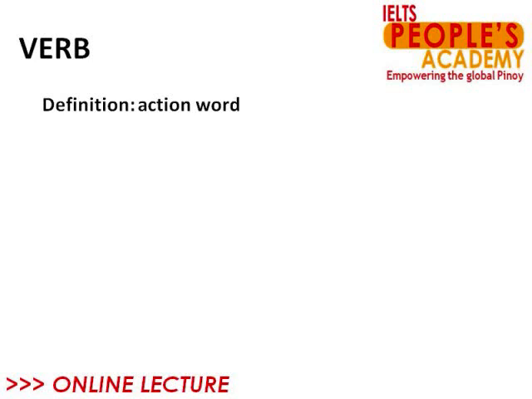Now, with regard to verbs, I'd like to share with you the 2 types of verbs that are commonly used. Okay, so the first type of verb is called auxiliary verb. Now, from the word itself, auxiliary, this supposes that this action word merely acts as a support.